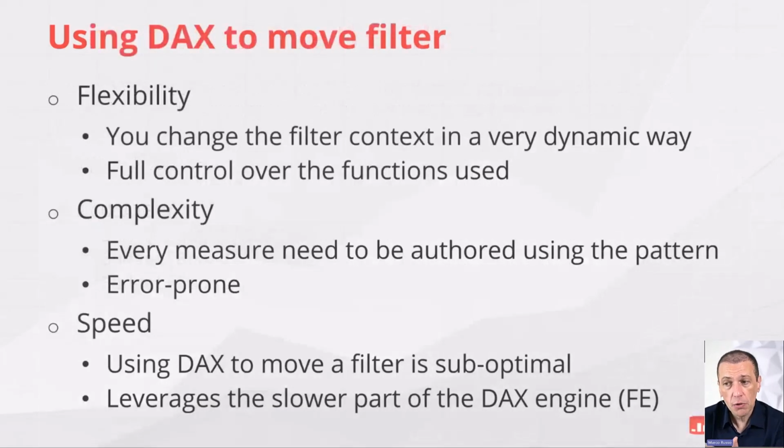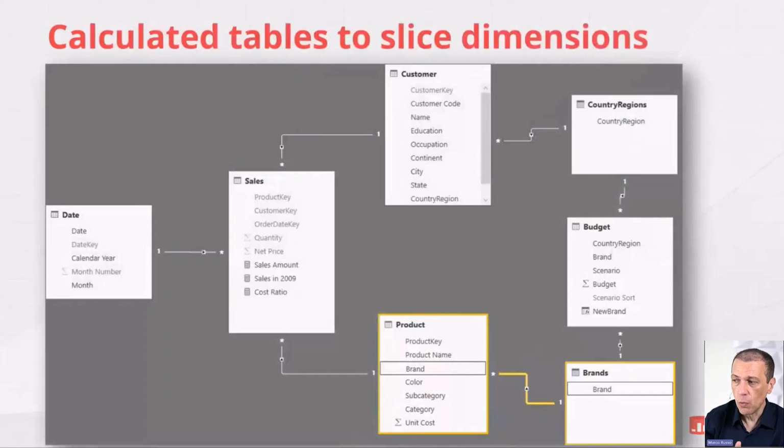However, in order to use the relationships, we have seen that we have option number one: create a table with the unique values that already exist in the model, so we don't have to import additional tables. It could be a calculated table with the existing values, and use this table to create a bridge table that allows us to propagate the filter from product to budget, for example.